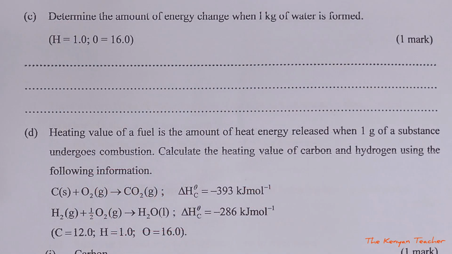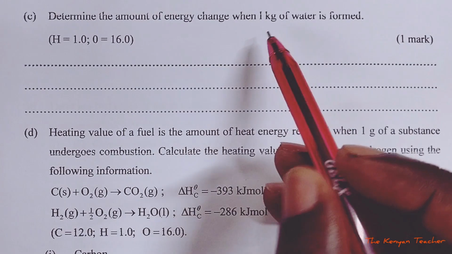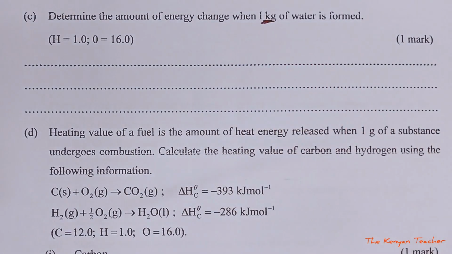Part C was demanding that we determine the amount of heat change that would occur when 1 kilogram of water is formed. So with this again, we have to refer to the heat of formation of water that has been given in table 5.